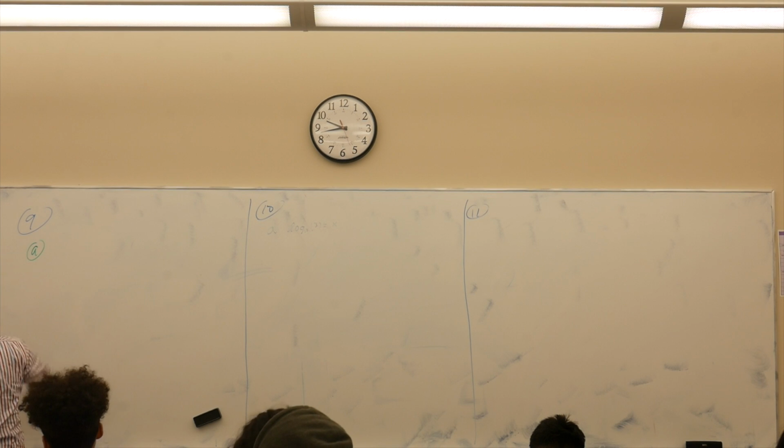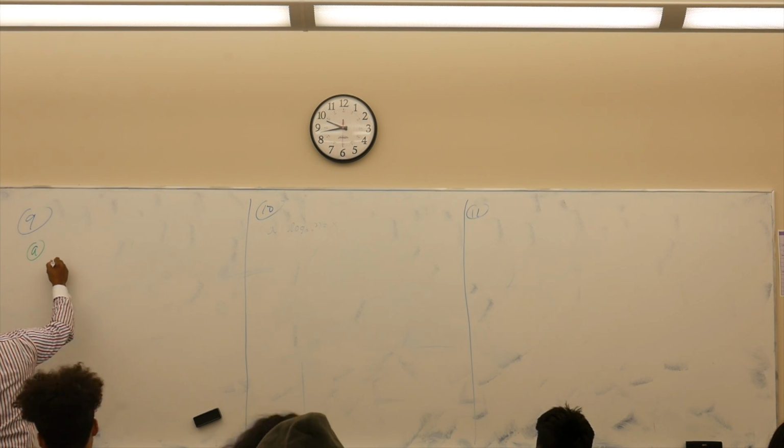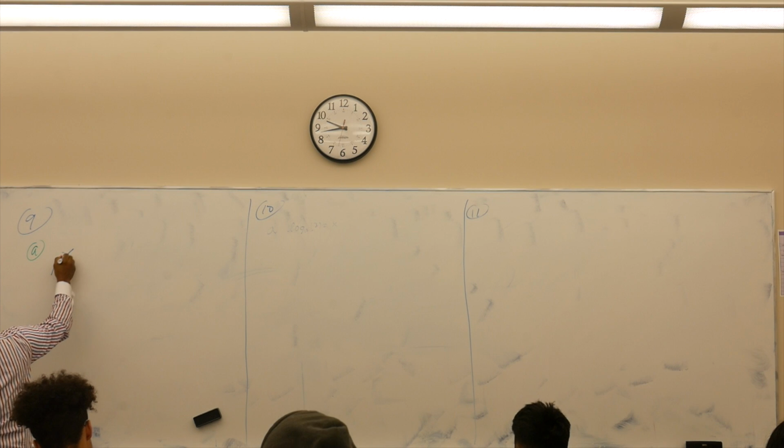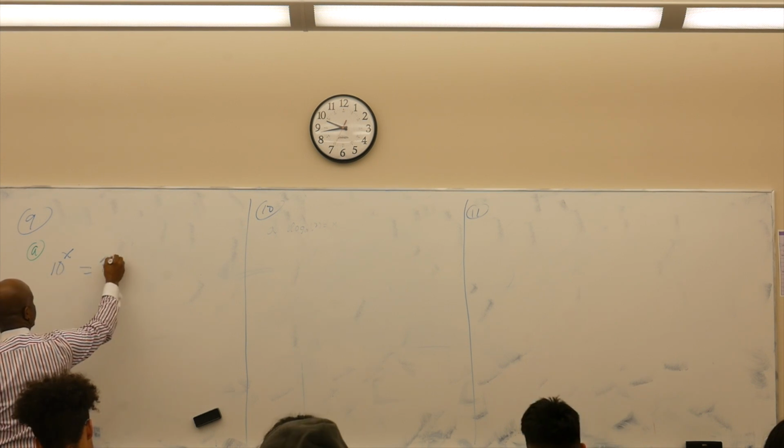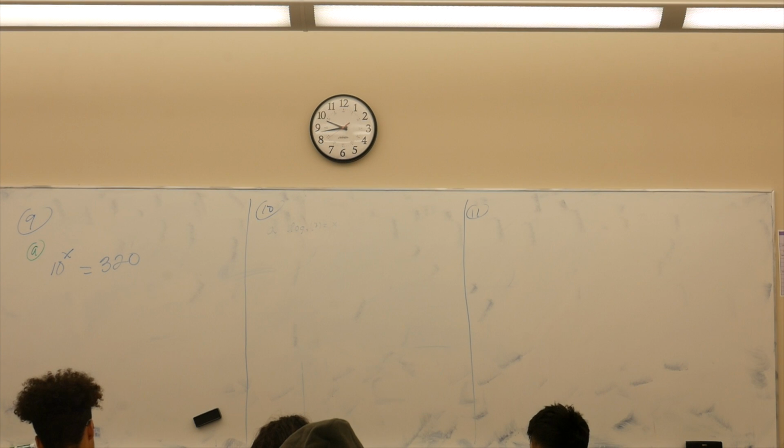9a. 9a has 10 to the x squared is 320. That's the problem, right?